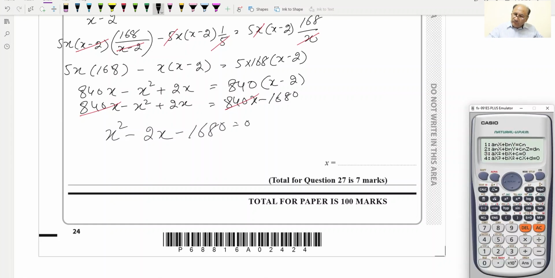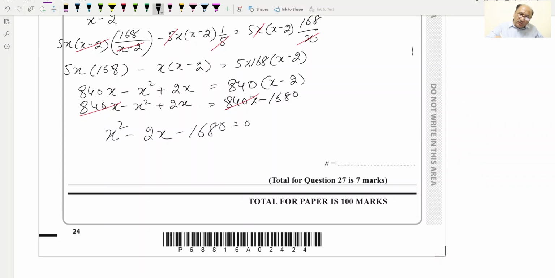So mode 5 3, and this will be coefficient of x squared is 1, coefficient of x is minus 2, and minus 1680, and this will be equal to 42 and minus 40. So we got 42 and minus 40. We will change sign and use these numbers, and we will have to provide the working also. So first we will write the steps.